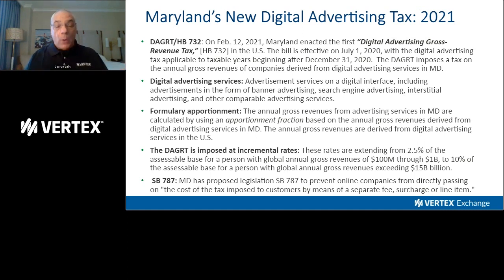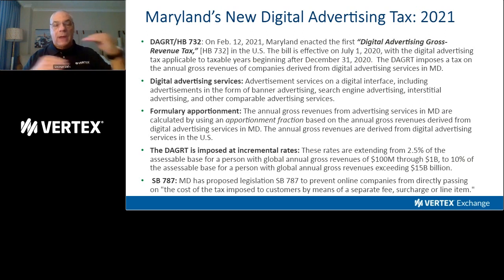So it imposes incremental rates from 2.5%, as you can see, to literally a global annual revenue of 100 million through 1 billion, to 10% on gross revenue exceeding 15 billion. This is a lot.